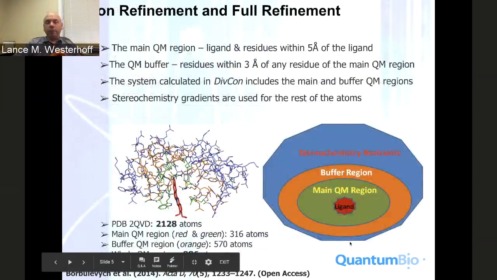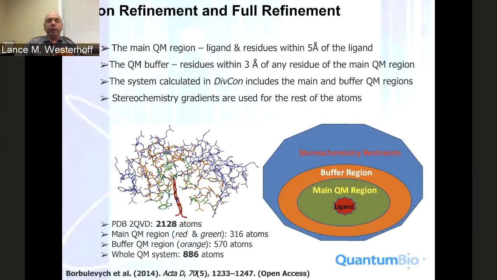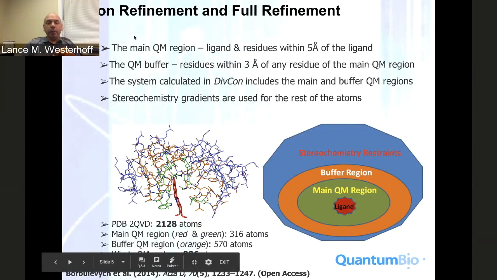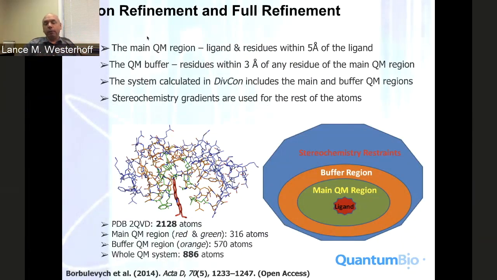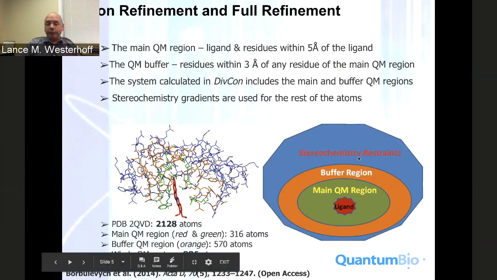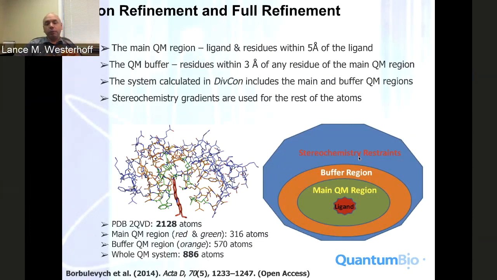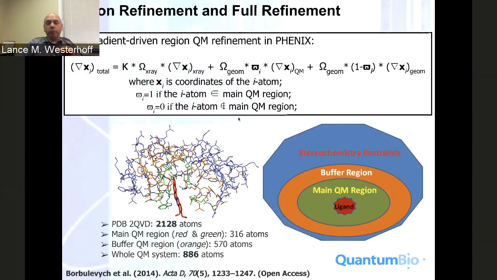So if we want to think about it schematically, and this was based on the paper in 2014, where we talked about a region refinement versus a full refinement, you had this ligand, you have this main QM region, and then finally a buffer region, and everything beyond that at that time was treated as just conventional stereochemical restraints. If you want to think about it from an equation perspective, you'd have a set of gradients.